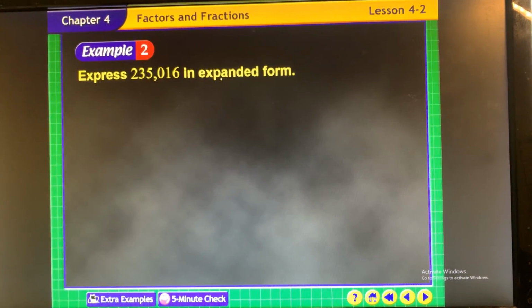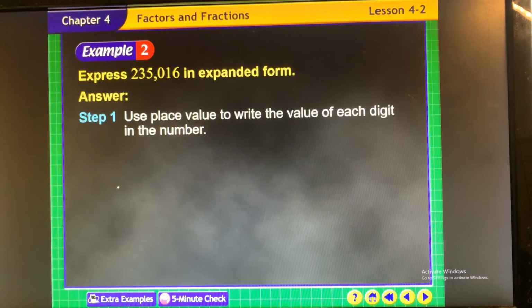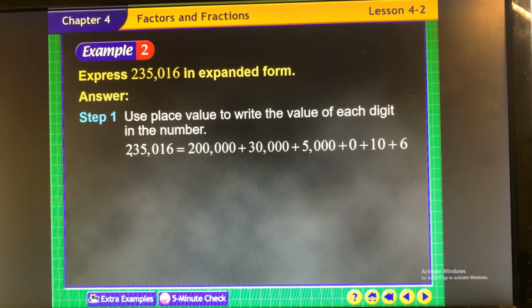Okay, so we're going to express this in expanded form. I'm going to show you the long, and then I'm going to show you the easy short way. So first of all, the long way is to remember that this is 200,000 plus 30,000 plus 5,000 plus 0 plus 10 plus 6. That's breaking this number apart.